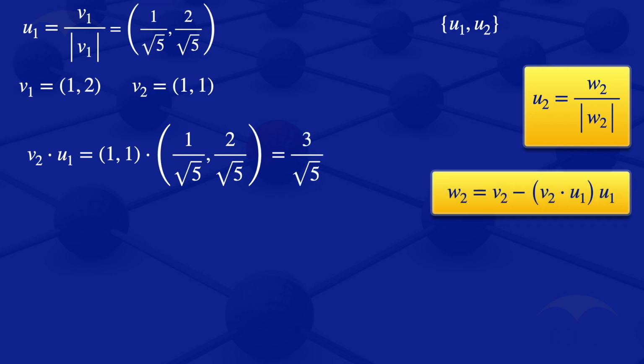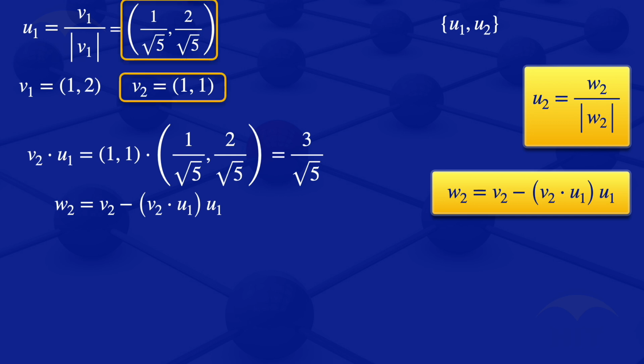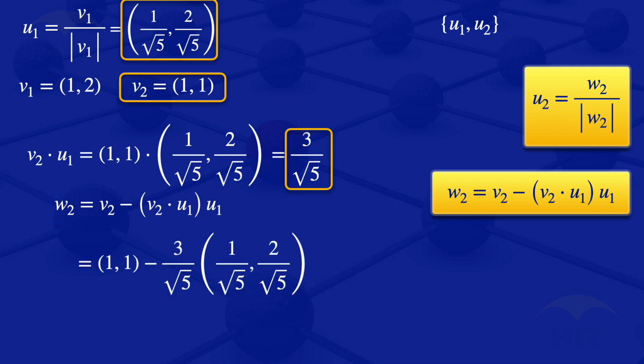W2 is V2 minus the inner product of V2 and U1 multiplied by U1. Substituting the highlighted parts into this formula, we have (1, 1) minus 3 divided by square root of 5 multiplied by the vector (1 divided by square root of 5, 2 divided by square root of 5).